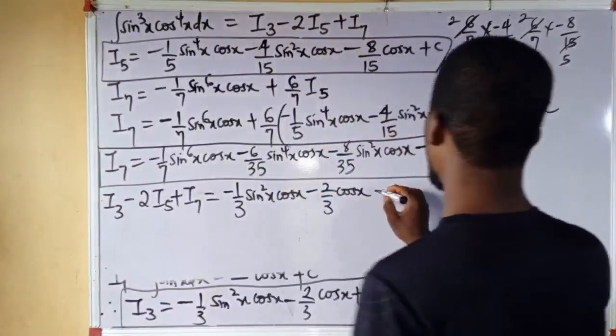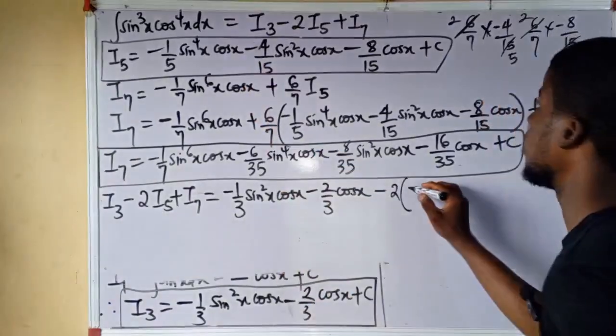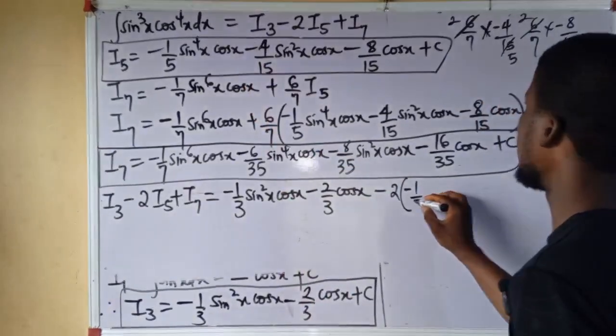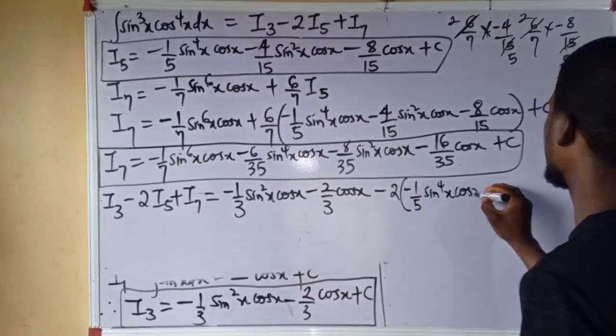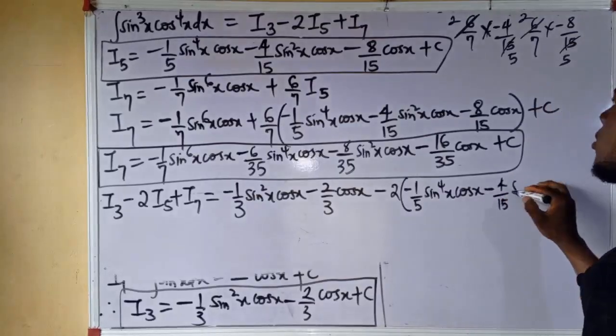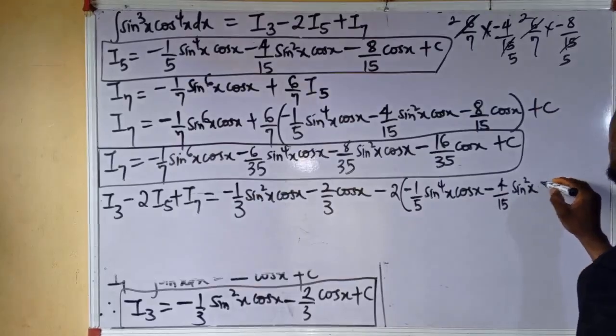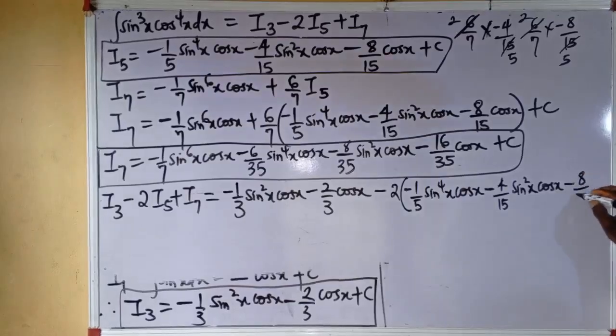So I'll write minus 2, then I5, everything here inside the bracket: minus 1 over 5 sine 4x cos x, then minus 4 over 15 sine squared x cos x, minus 8 over 15 cos x.